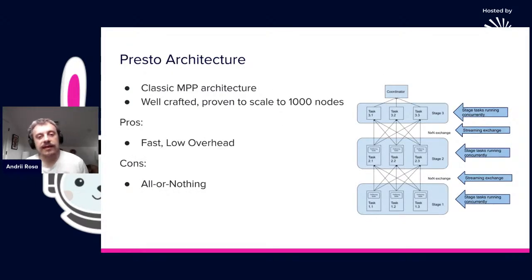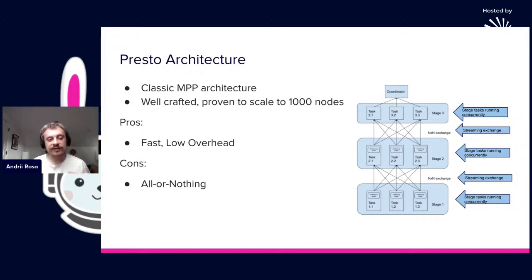And in order to understand why these large queries are particularly challenging in Presto, it is important to understand how Presto executes queries. So in Presto, queries are split into a number of stages, and stages consist of multiple tasks that are processing different chunks of data within a stage.